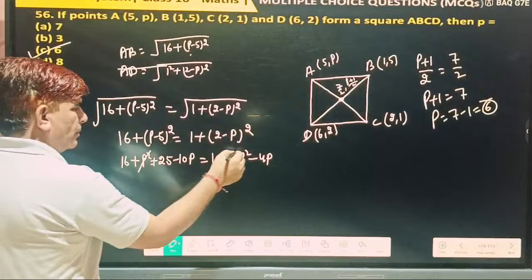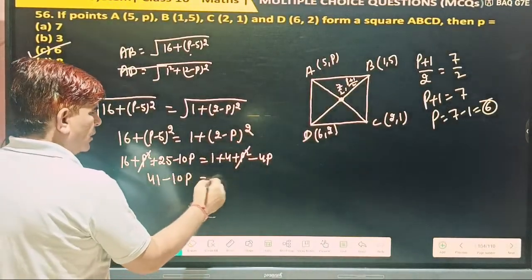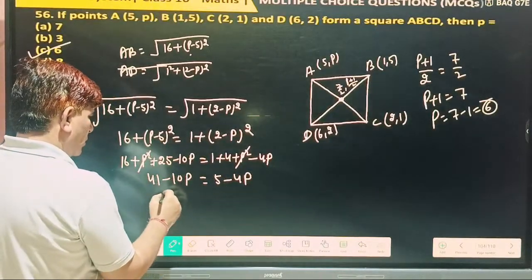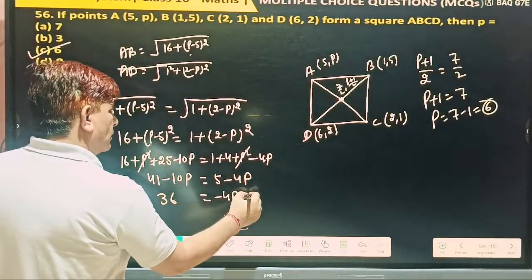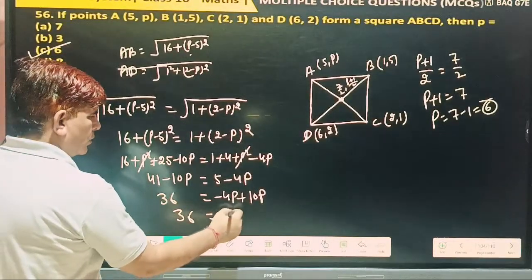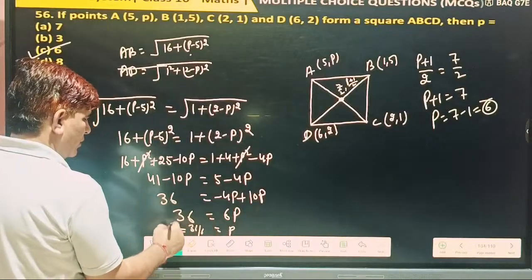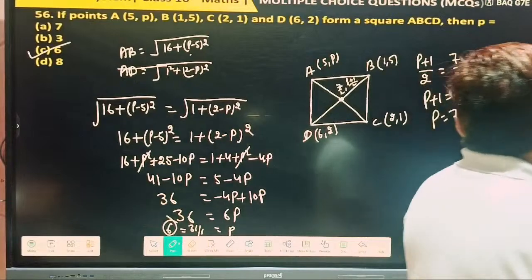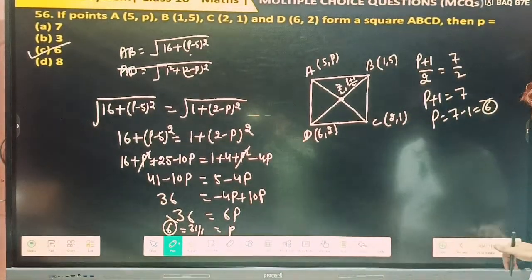P square cancels P square. It means 41 minus 10P is equal to 5 minus 4P. Take it to that side. So 36 equal to minus 4P plus 10P. So 36 is equal to 6P and P equal to 36 divided by 6. How much? 6. You can apply any. Both are easy, but this one is the easier one.